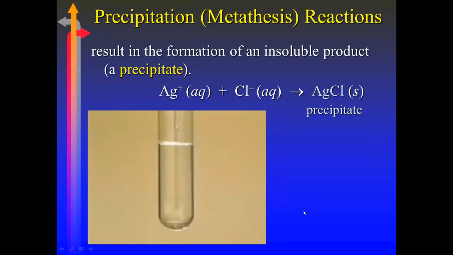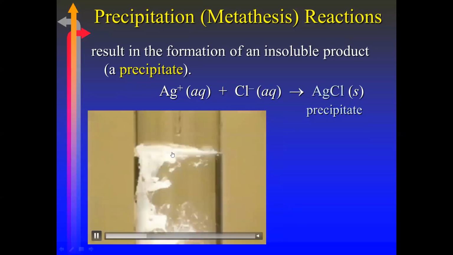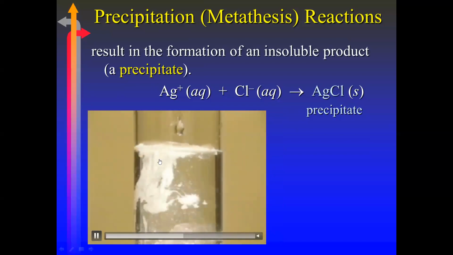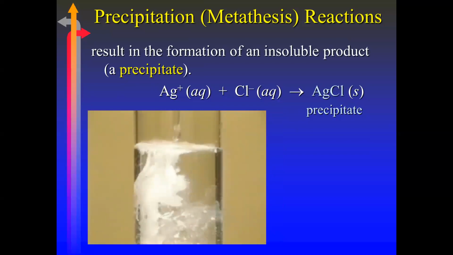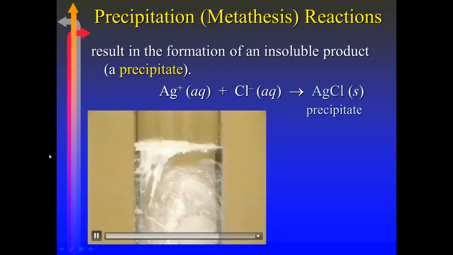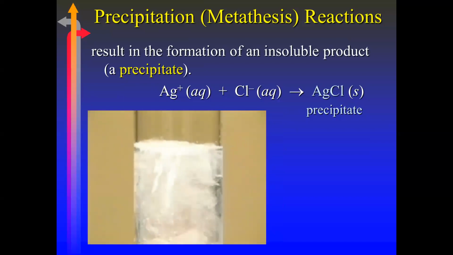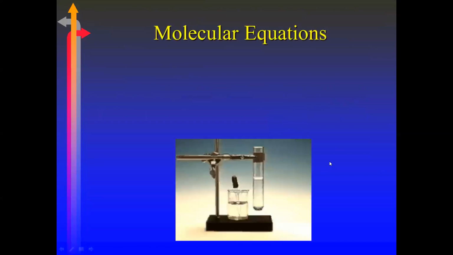I think there's no sound in this video, but you can look at the formed precipitate, which is silver chloride, you see. As I said, in this class, we will not test you on unclear solubility questions. We will only test you on something very clear, like this. Human eyes can see it. There's no doubt it's an insoluble compound formed.